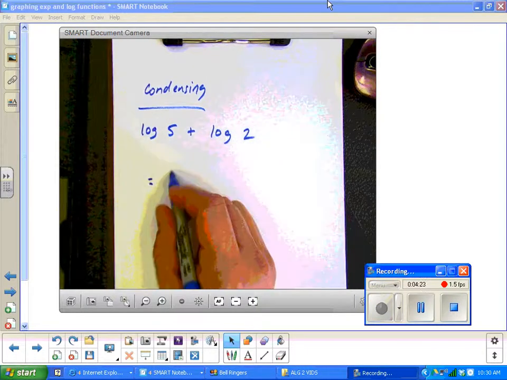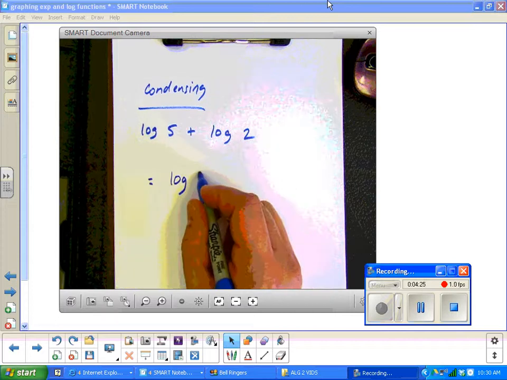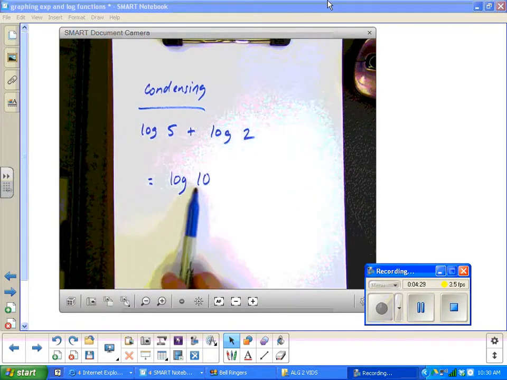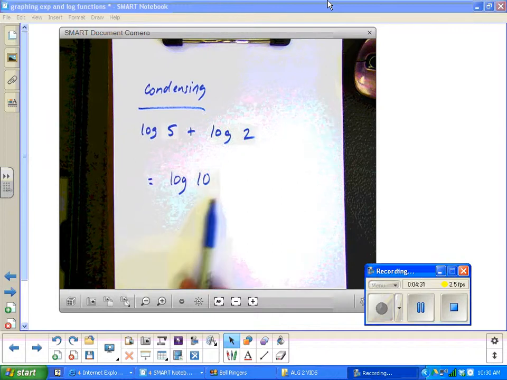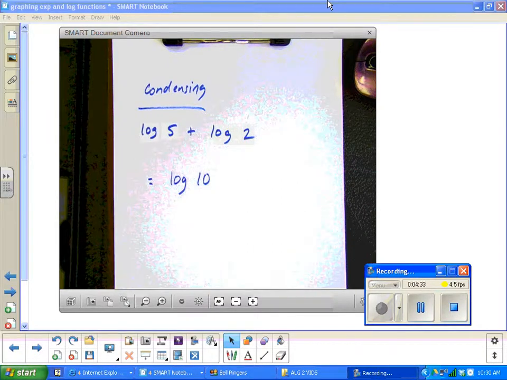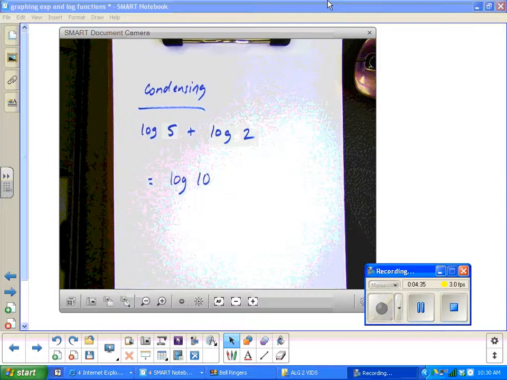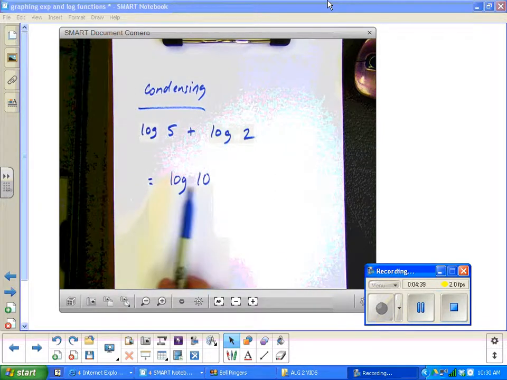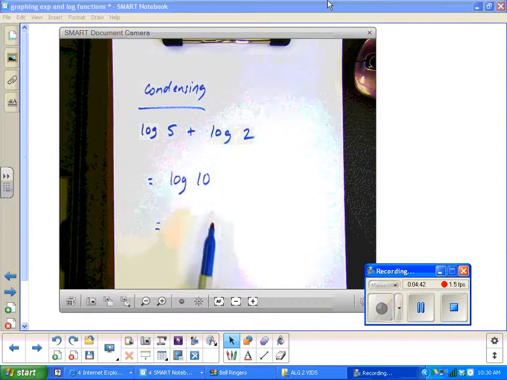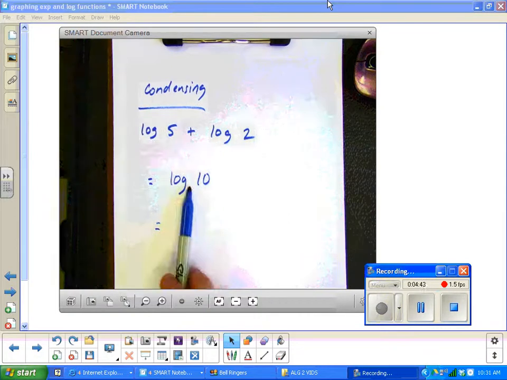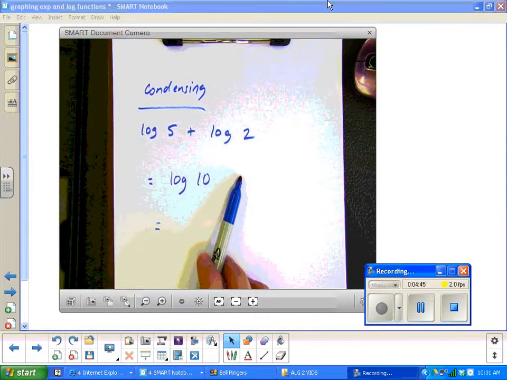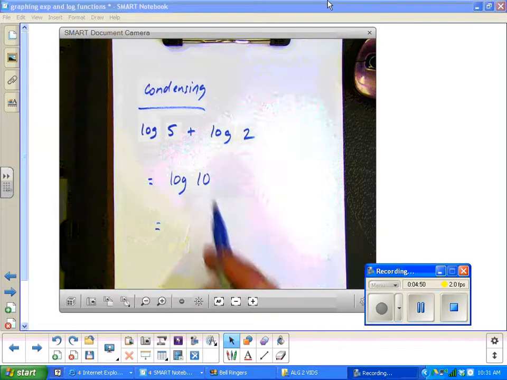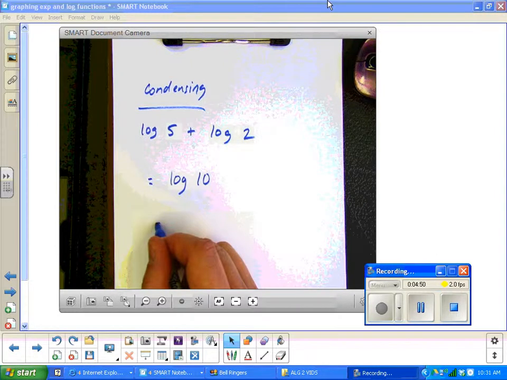So that would make it log of 10. Now, if I can evaluate this, I'm going to do that. If I can't evaluate it, that's okay. What would this actually be equal to? 10 raised to what power would be 10? 10 to the first power. So this is actually just equal to 1.